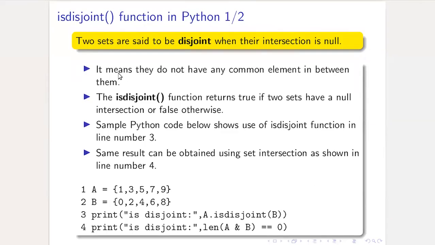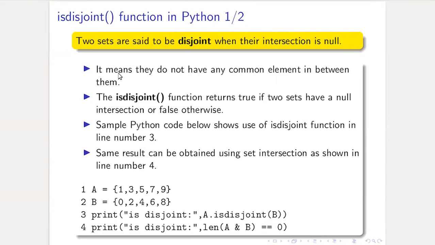Now you can write your own functions using the basic set operations to implement this. In fact, you should do that as exercises to learn how to implement this kind of built-in functions yourself. But if you are writing code for some application, you would be better served by using the Python built-in functions because they run much faster.